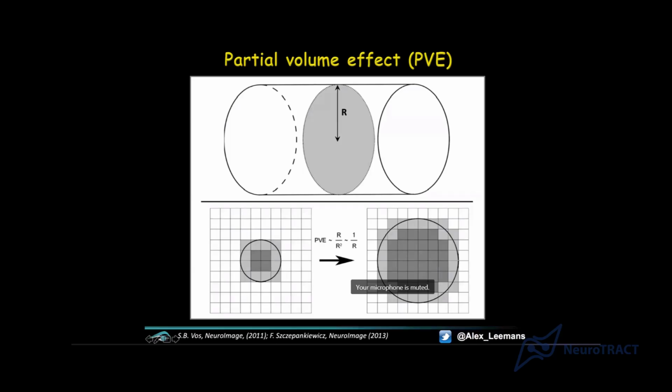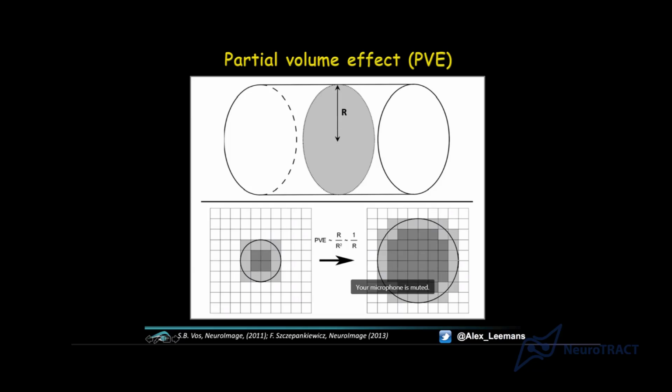Well, you can imagine that for smaller fiber bundles with a smaller diameter, the contribution of the partial volume affected voxels to the entire estimate of FA is larger than for larger fiber bundles, because the contribution scales like circumference versus surface, which is proportional to the radius divided by radius squared.